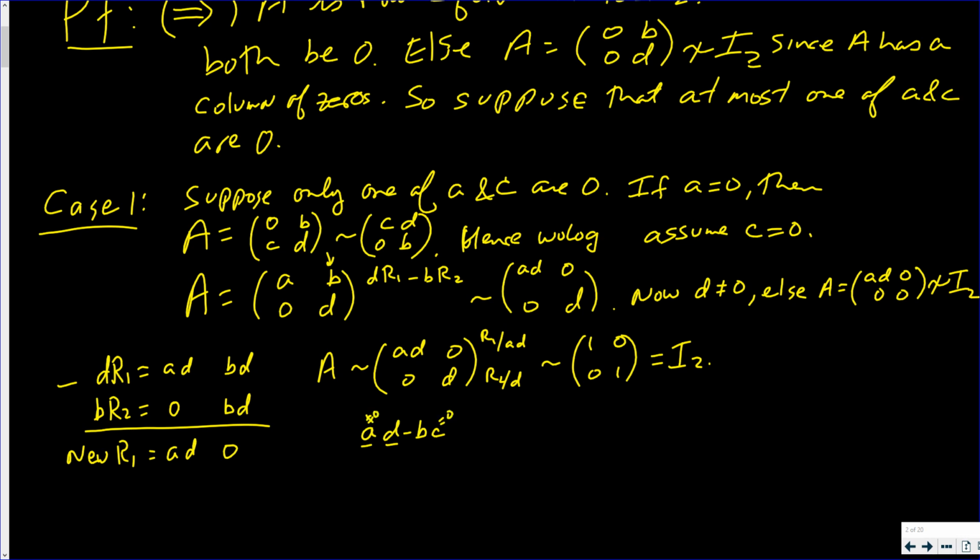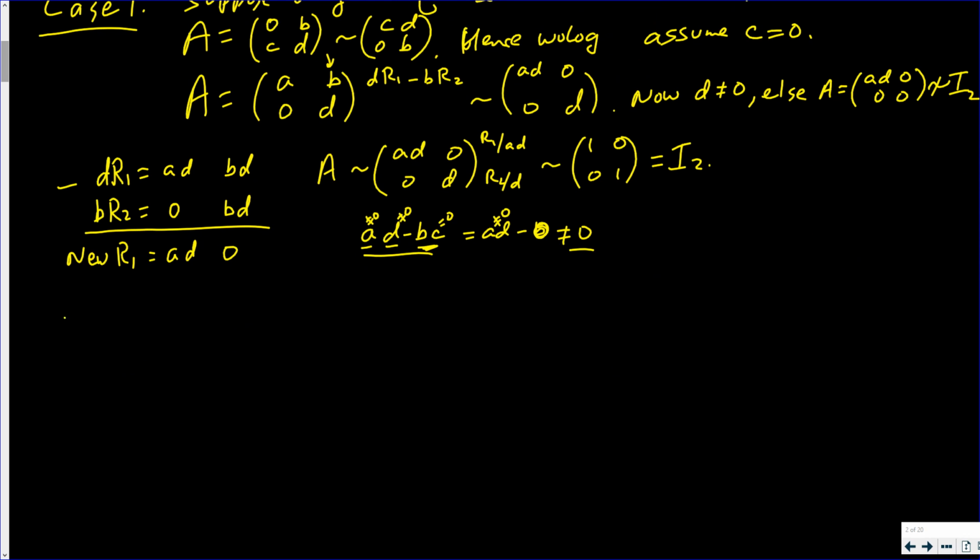A was not 0. D was not 0. And C is 0. So this is 0. So you have AD, and a product of non-zero numbers is not 0, minus 0. That's not 0. Okay? AD minus BC is not 0. So that case is okay.